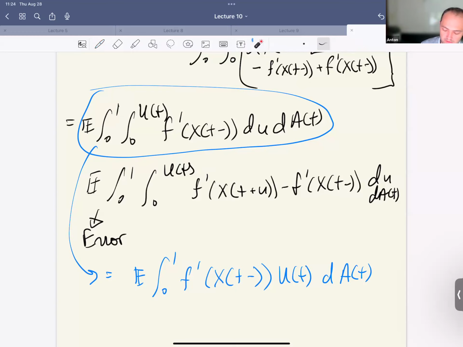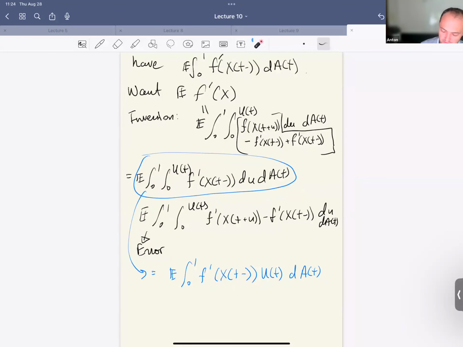Okay? Almost there. We just have this u of t that is in our way. What do we do with it? Well, this is the inter-arrival time of the person who's going to come after time t, after the arrival at time t. In other words, just like we argued with the service time, this object is independent of this dA of t.